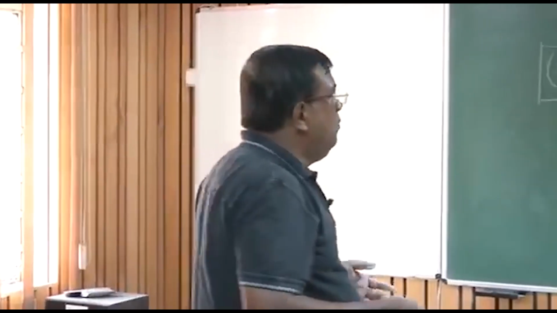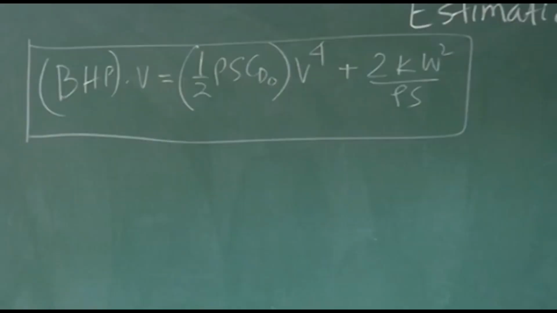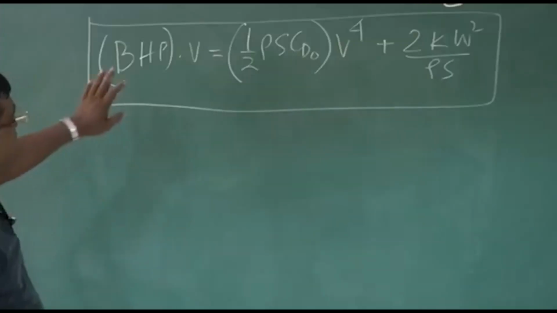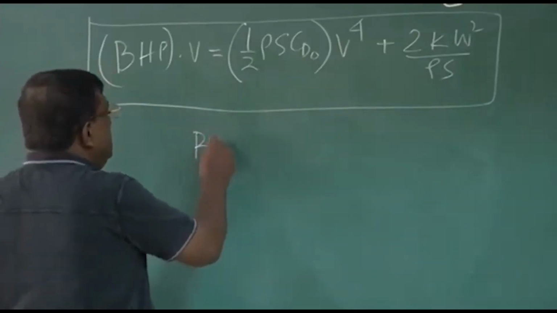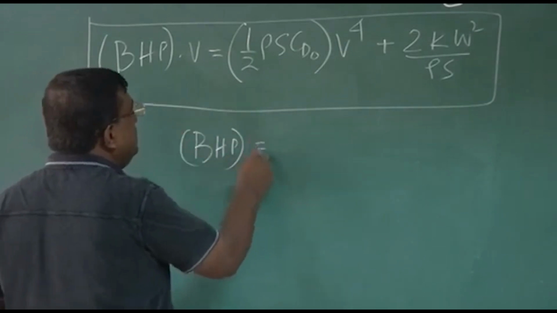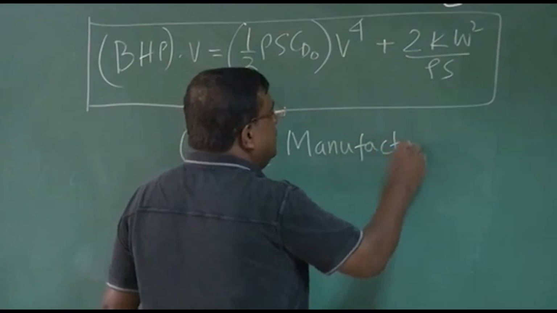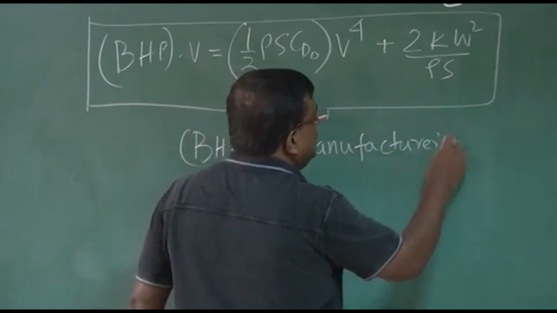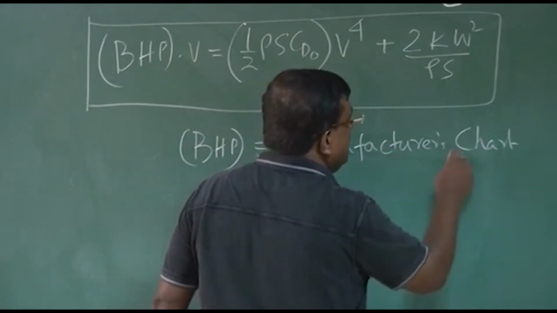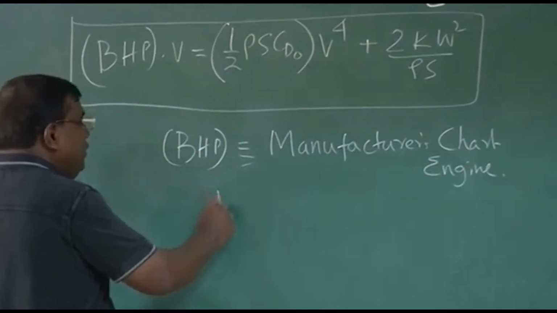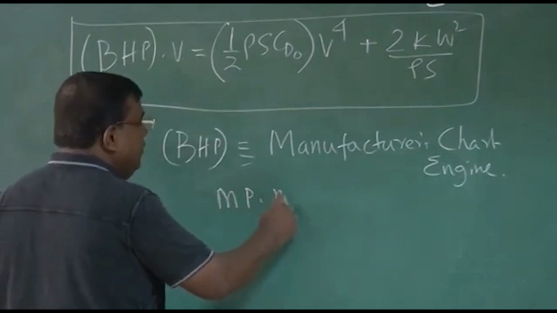If you know the temperature outside, the RPM, and the manifold pressure, which roughly is the pressure at which the mixture is taking place, then as far as BHP is concerned, I can get it easily through the manufacturer's engine chart.